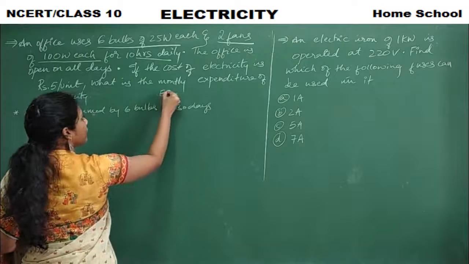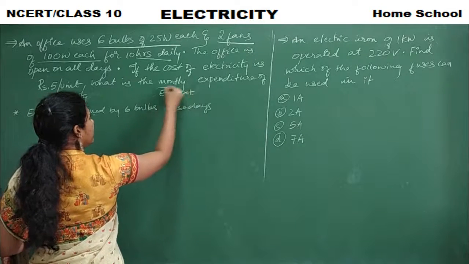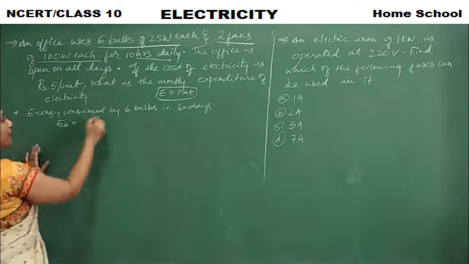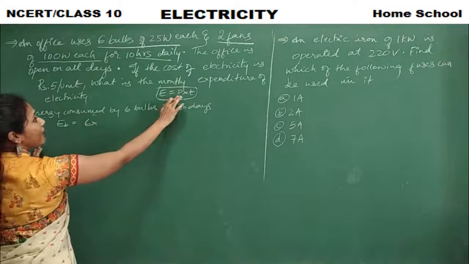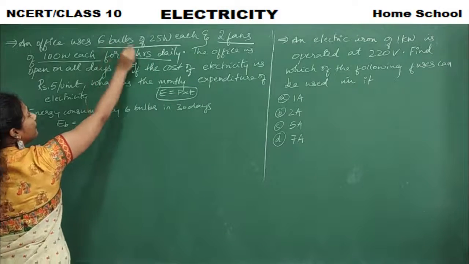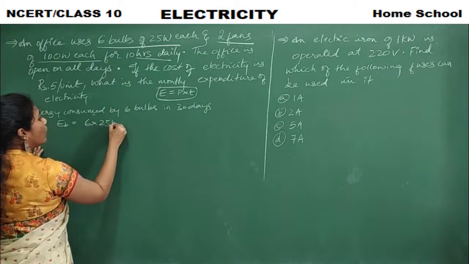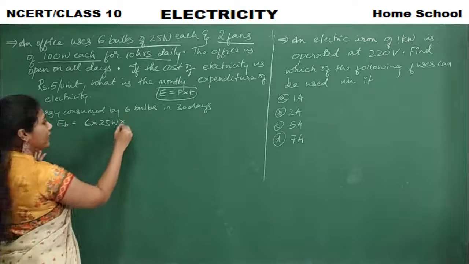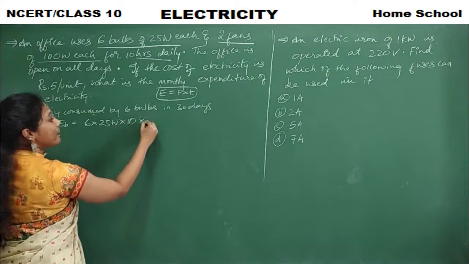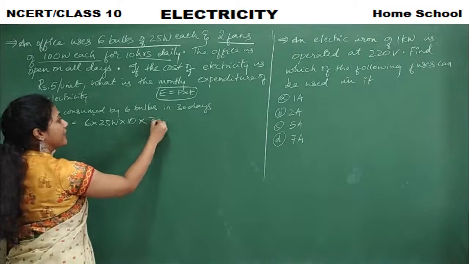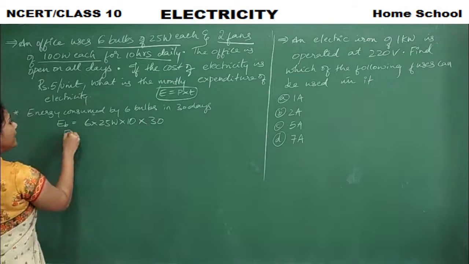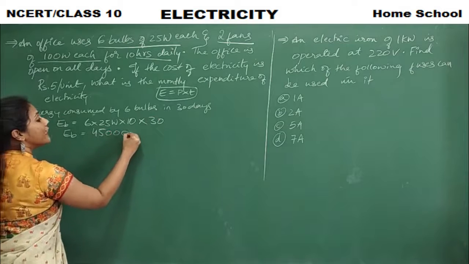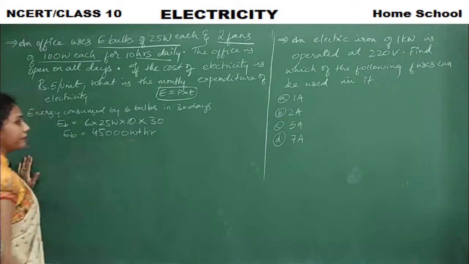Okay, we all know the energy formula. Energy is equal to power into time, right? So the energy consumed by the bulbs, that is EB. How many bulbs? 6. What is the power? Power into time, right? What is the power of a bulb? 25 watt. Into time, 10 hours. Both are running 10 hours. How many days? Monthly, in a month they said. That means 30 days. Okay. So how much do you get here? EB is equal to 45,000 watt hour.